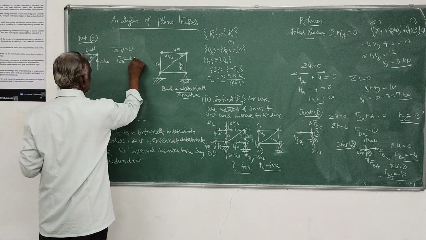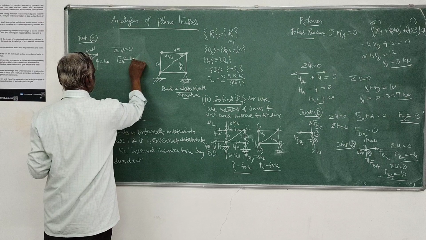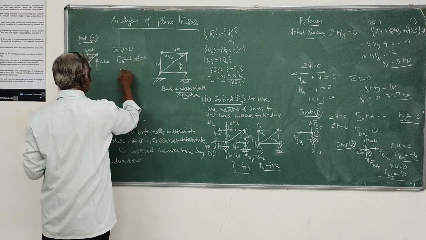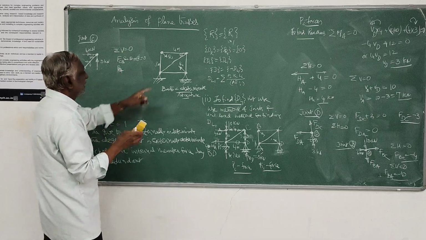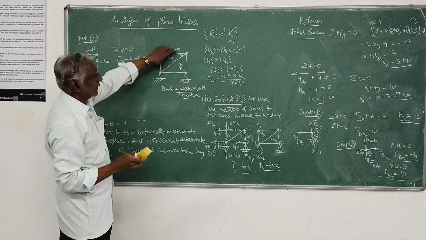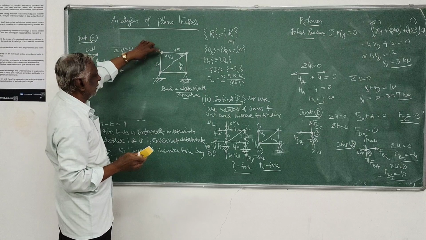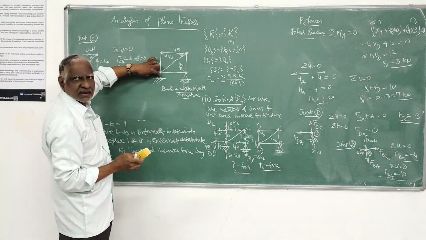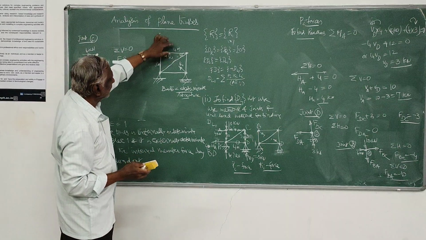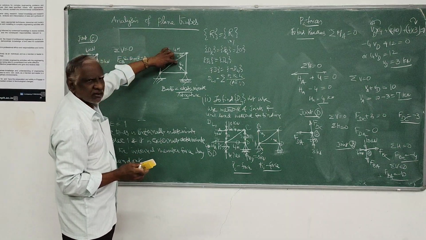This is 3 minus 3 acting up equals 0 for FCA. Sin theta means in this particular triangle, 3 meters, this 4 meters, 3 meters. Sin theta, this is 5 meters diagonal. So sin theta is 3 divided by 5.